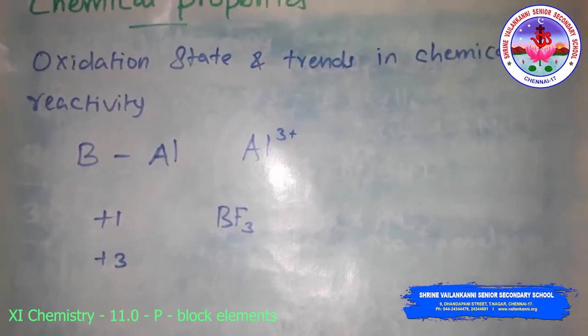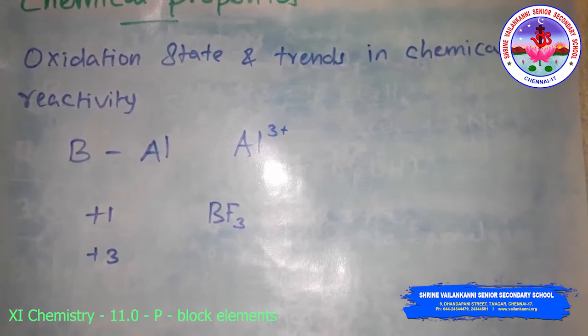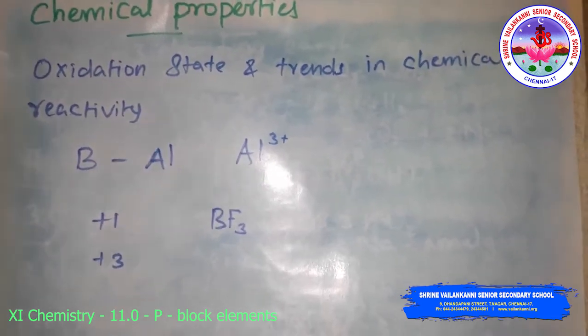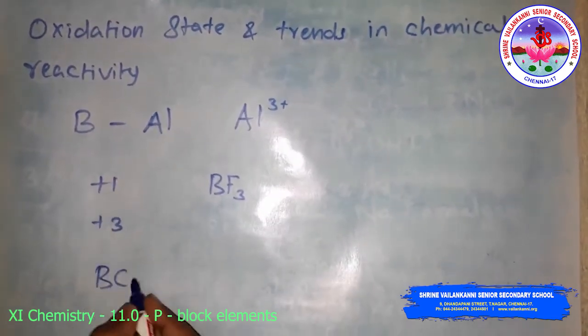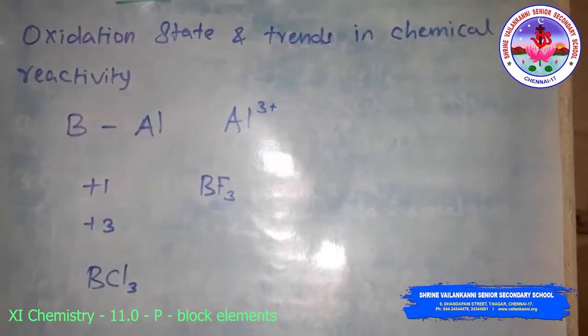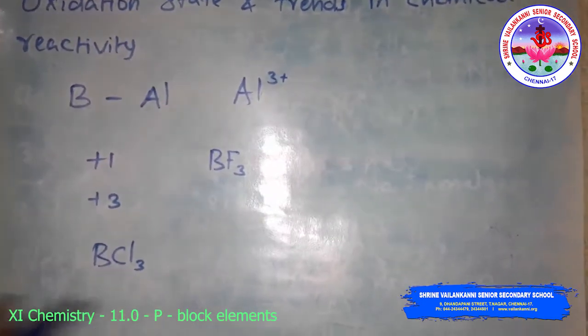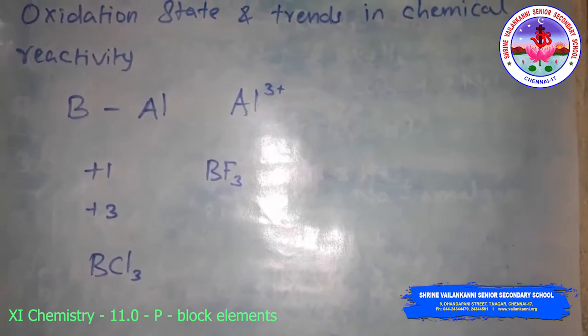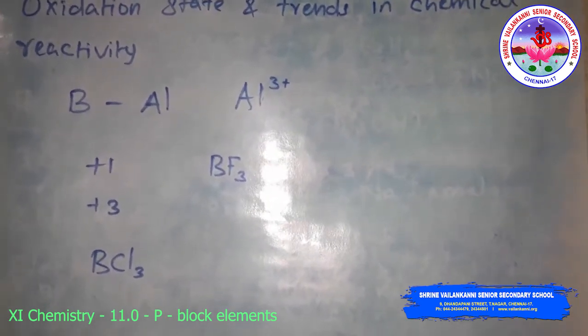The tendency to behave as a Lewis acid decreases with increase in size down the group. Suppose we take BCl3, boron trichloride. It easily accepts a lone pair of electrons from ammonia to form BCl3·NH3.